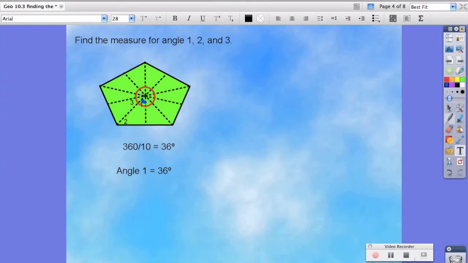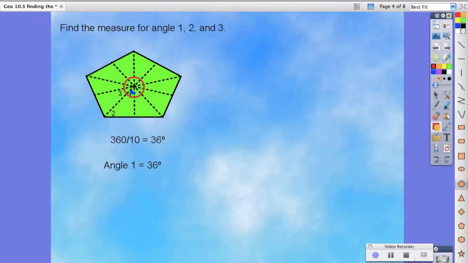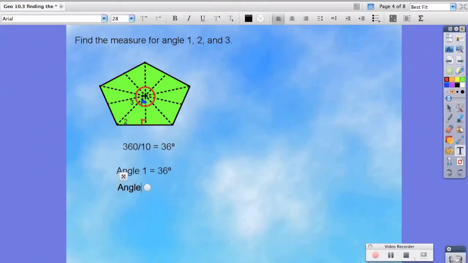Now, we also know that because the apothem is a perpendicular bisector, that means this angle is 90 degrees. That means we can figure out that angle 2 is equal to 180 degrees minus 36 minus 90. Therefore, angle 2 is equal to 54 degrees.